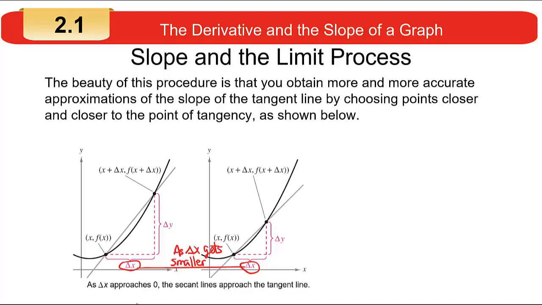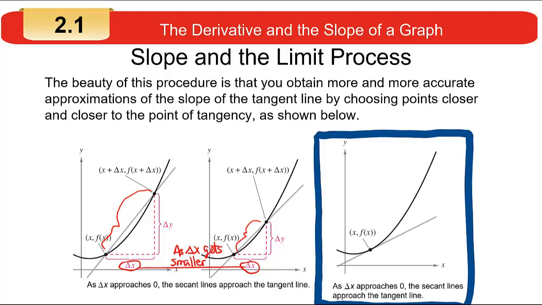But what if we let delta x get smaller? The effect is that it pushes the points closer together. Instead of the points being this far apart, a smaller delta x draws those 2 points closer together on the graph.